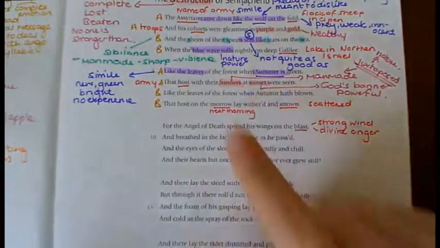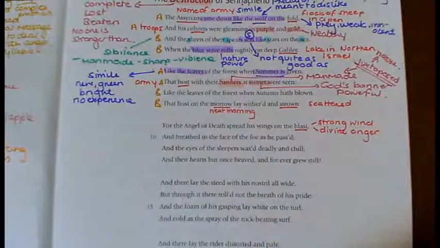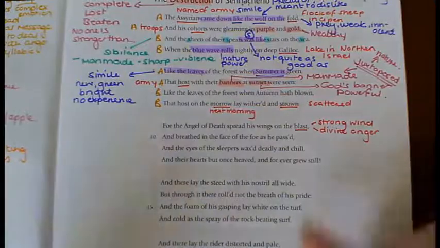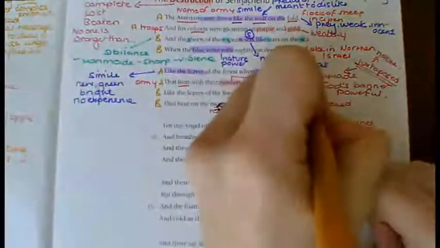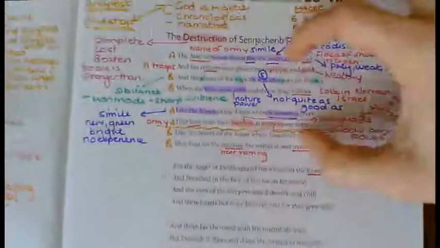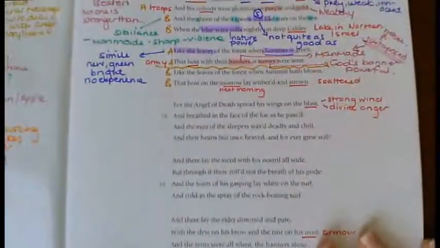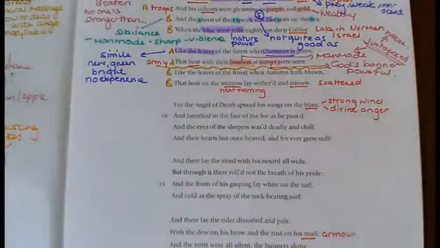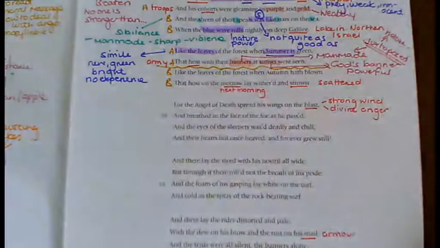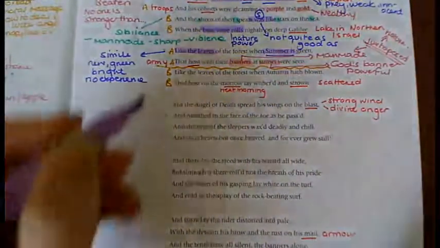And then look at the turning point here. I'll use my intention colour, I think, just to draw a squiggly line here, because that's all the Assyrian army get in terms of power. Now we get the rest of the poem, which definitely looks at the loss of power that the Assyrian army have. So look at the simile that is used now: like the leaves of the forest when autumn hath blown.